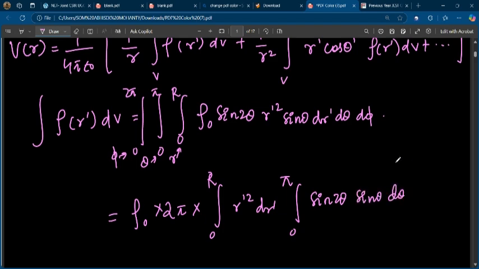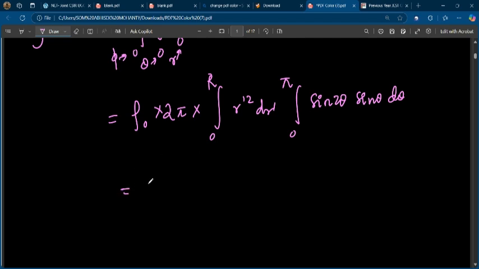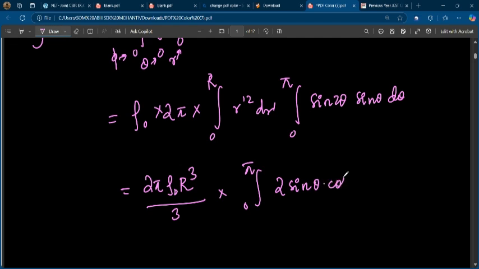So 2 pi r rho naught, this becomes r cube by 3, into the integral 0 to pi of sine 2 theta, which I can open as 2 sine theta cos theta, into sine theta d theta.